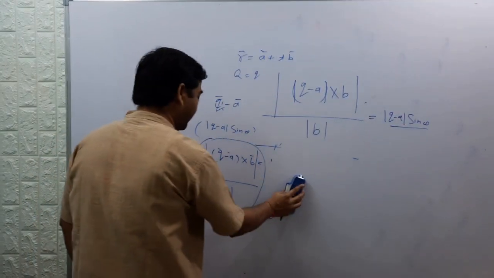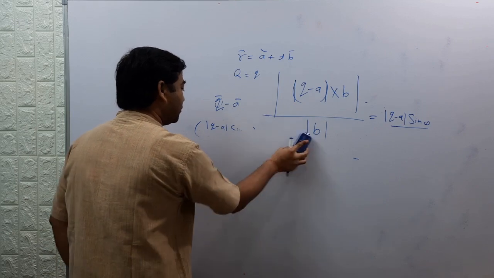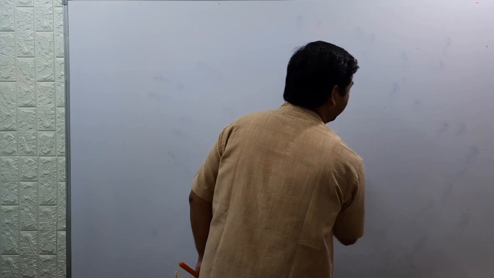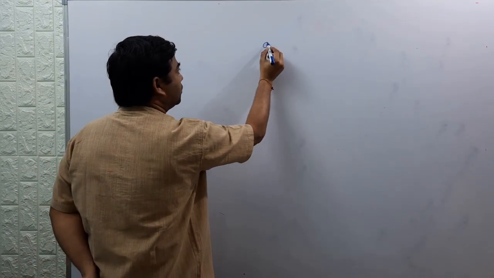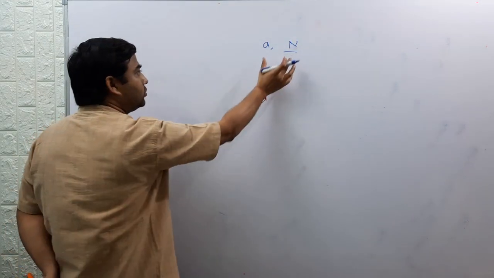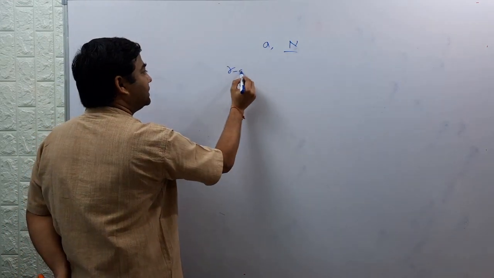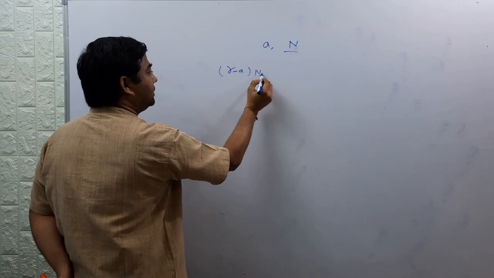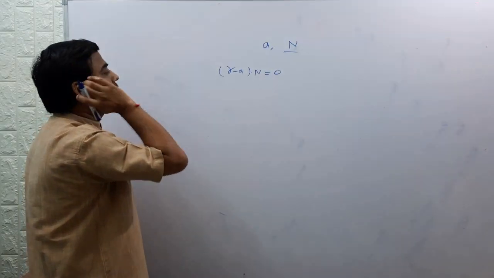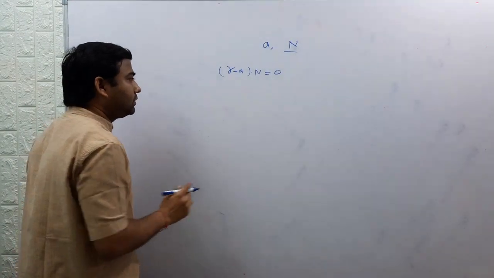Similarly, you can find the distance from a point to a given plane. There is a plane which passes through point A and is perpendicular to vector n. So the equation of the plane is (r minus a) dot n is equal to 0.